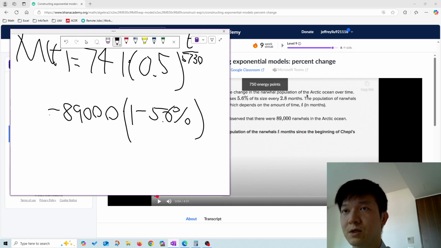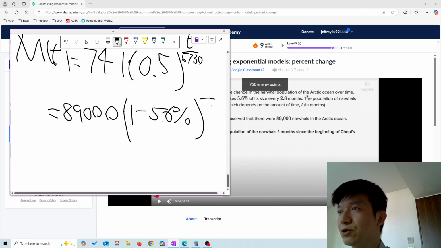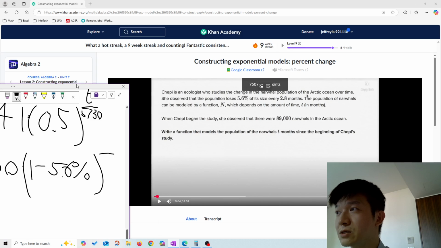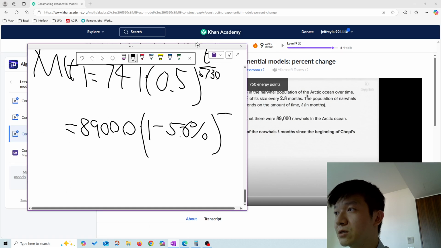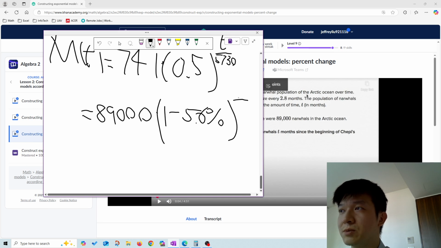Okay, so we're gonna have this and this, and we're gonna put our exponent over here, so that's gonna be, I believe, t months. Okay, the t is gonna be months, but every 2.8 months.